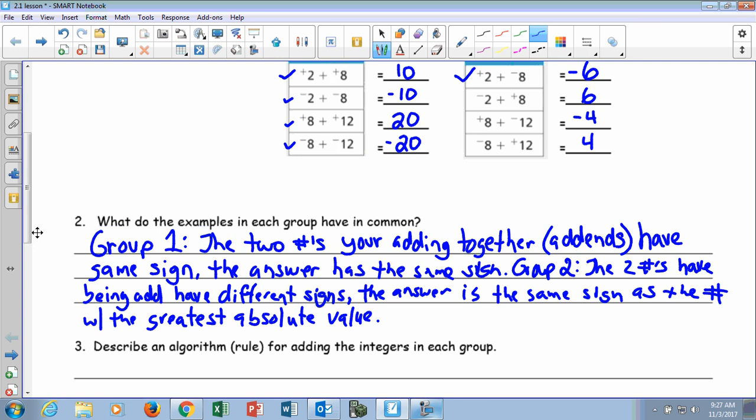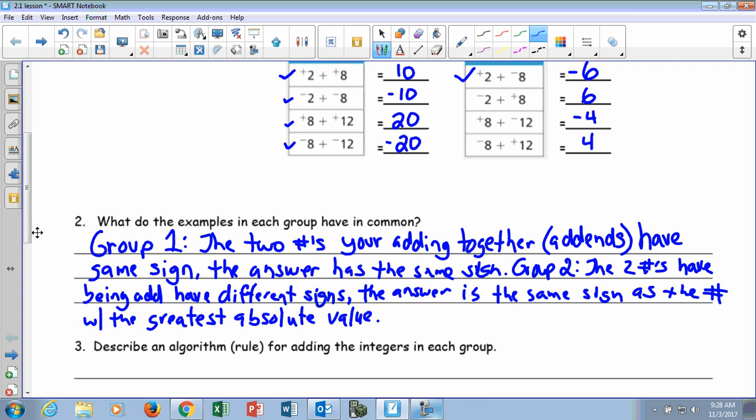How far is 2 from 0? How many units? How far is 2 from 0? 2. How far is -8 from 0? 8. Well, 8 is bigger than 2, right? So that's why this answer is negative, because it's further away from 0. Look at the next one. How far is -2 from 0? 2.